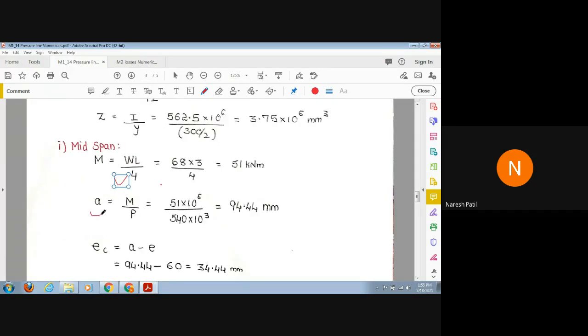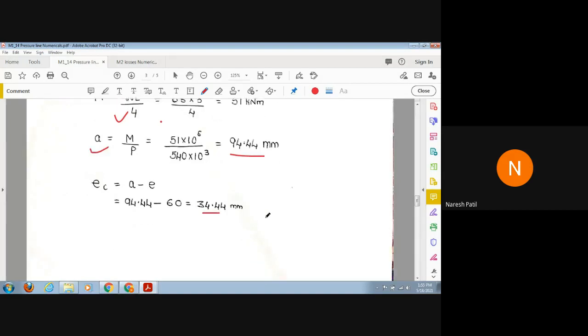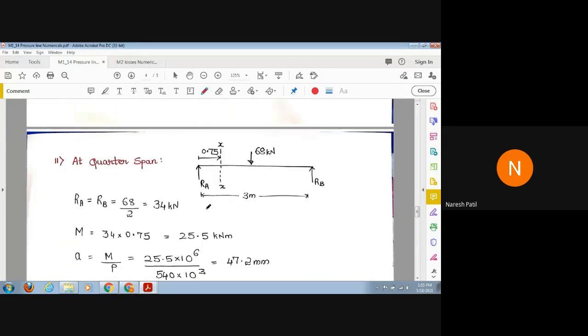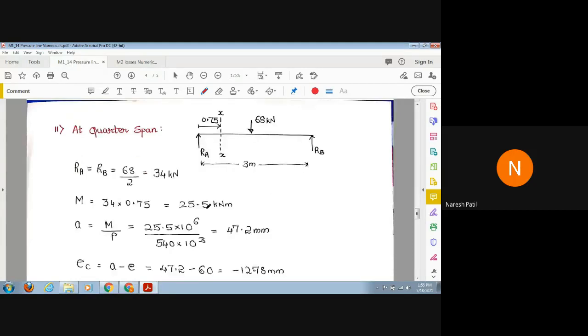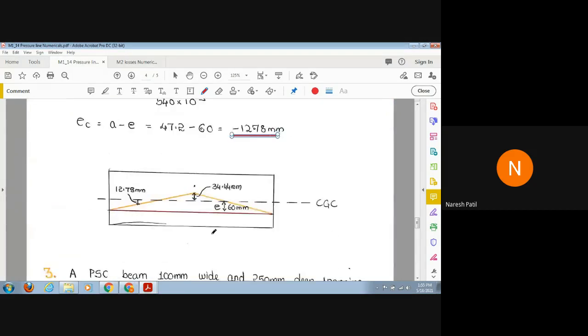Therefore A is equal to M by P. Then we have 94.44 mm, so therefore EC. Now it is very simple to get it again at quarter span. You can calculate the moment, M by P. So we got EC as negative 12.78.